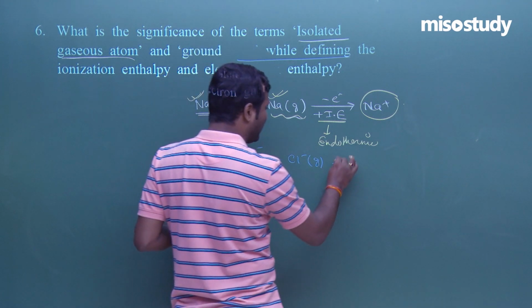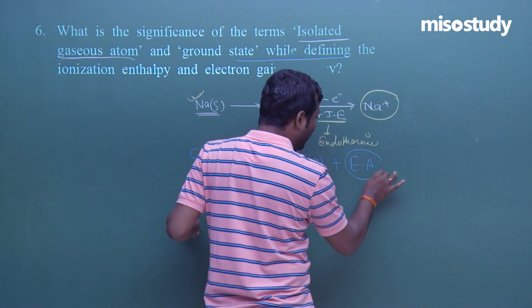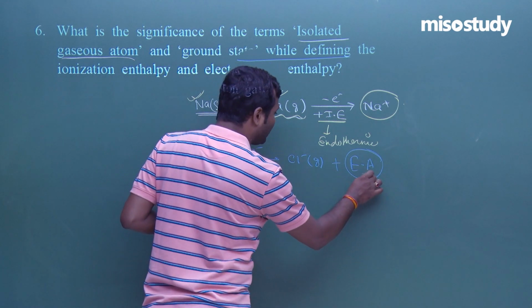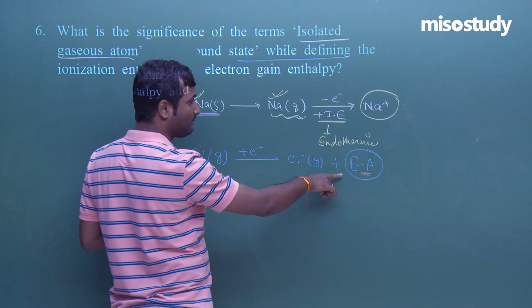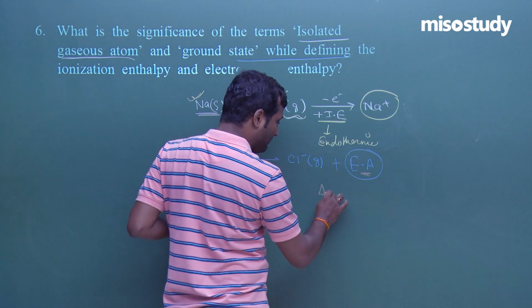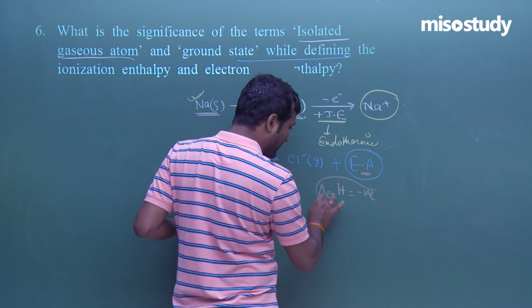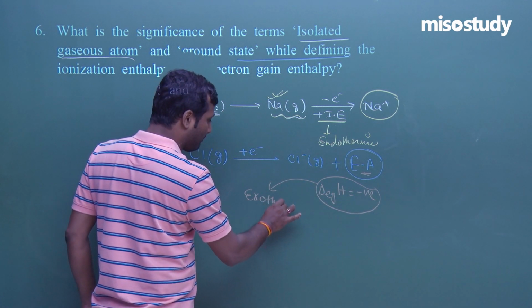If a release of energy takes place, then we can say this is known as electron affinity or electron gain enthalpy. Here the release of energy takes place, due to this reason I have put a plus sign. So in this case it can be written like this: delta EGH is negative. The negative sign proves that this is an exothermic process.